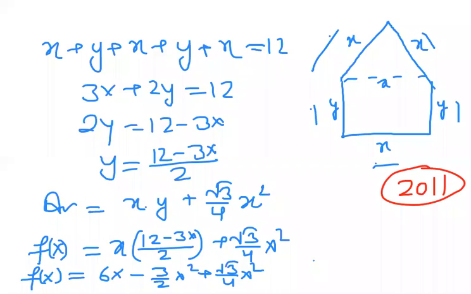This one is fx. We need to go for f dash x. Fx we have got 6x minus 3 by 2 x square plus √3 by 4 x square.